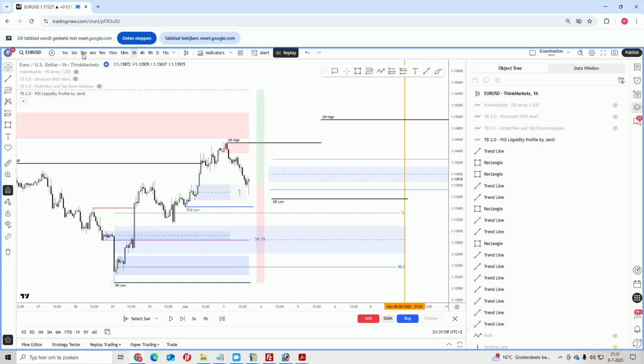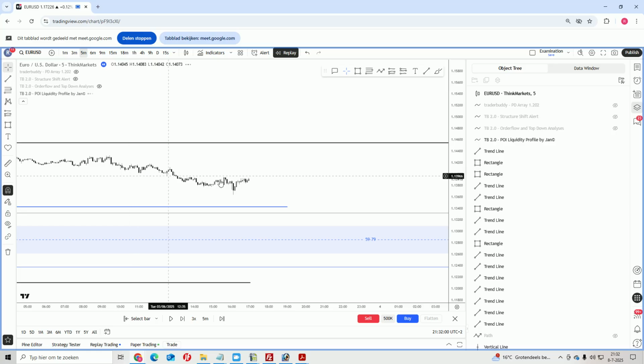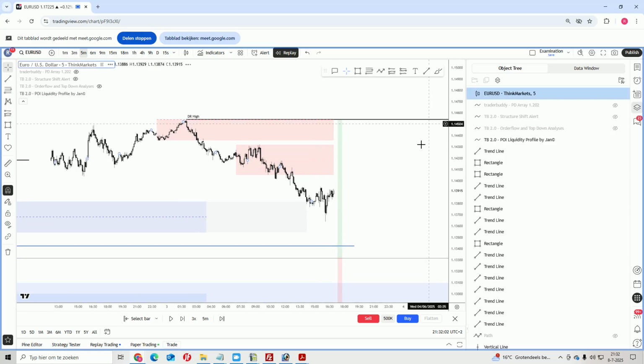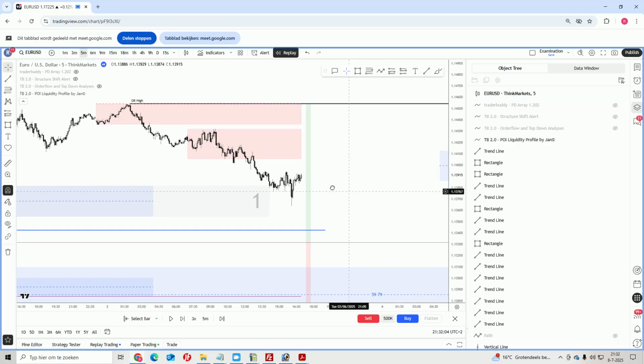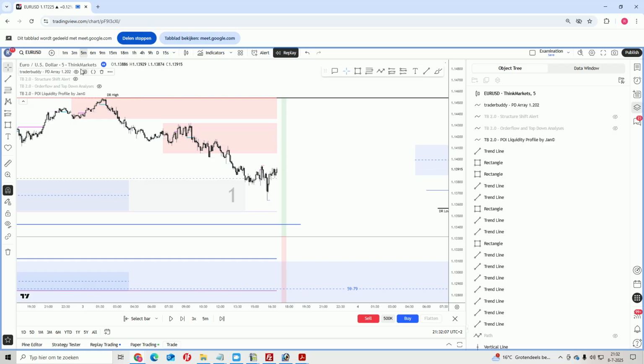So then you just go to a lower time frame, and you want to wait. And now this indicator, the trader body PD array indicator, gets into play again.